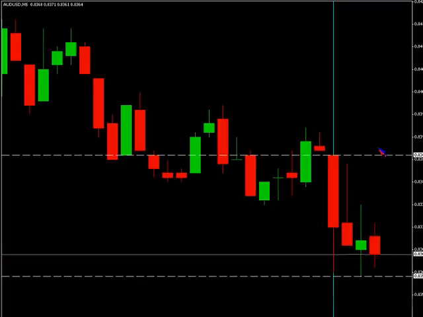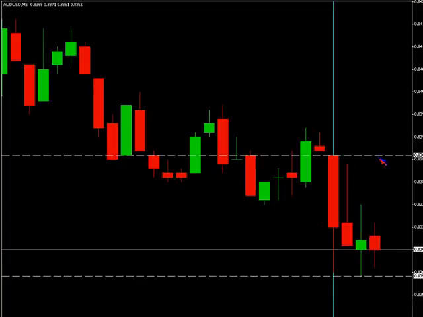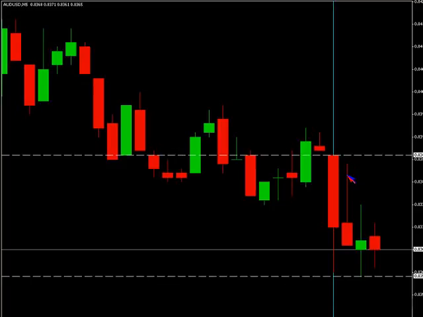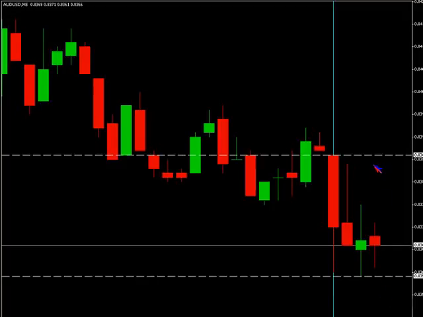Technically, what am I looking for? I'm waiting for 3 more 5-minute candlesticks to close above resistance, or 3 more 5-minute candlesticks to close below support. Resistance 83.86, support 83.59. But like I said before, we generally want to see a 30, 40, 50 pip range from low to high. 83.59 to 83.86 is not that good. That's about 27 pips.